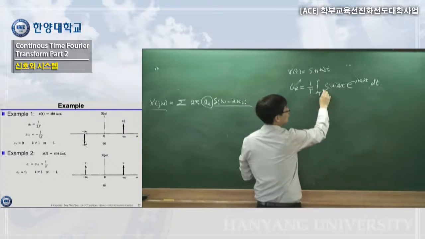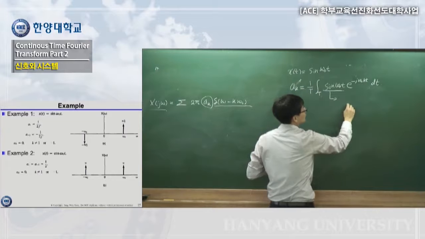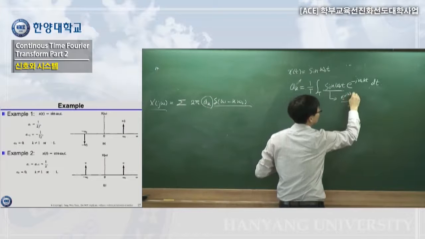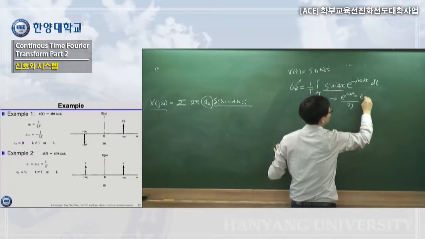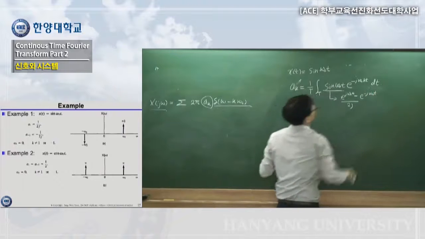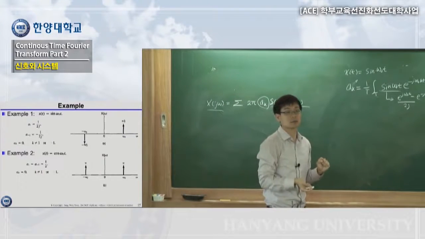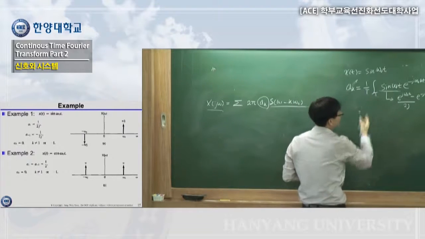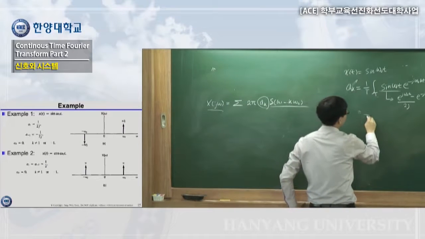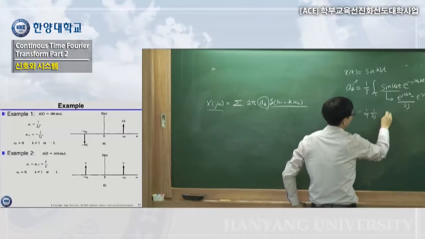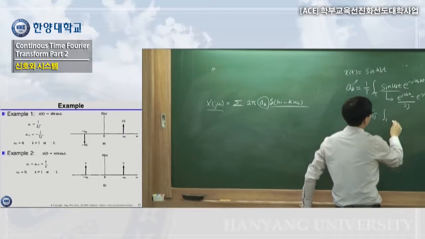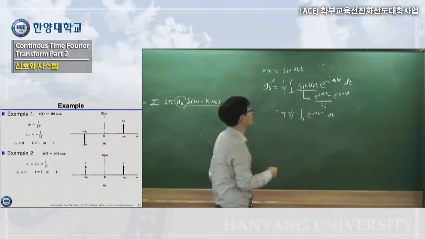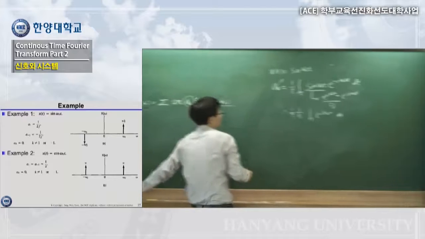How do we do it? We change this one to 2j over exponential j omega 0 t minus e to the minus j omega 0 t, right? Everyone following? And then over a period, we have 1 over T times 1 over 2j times the integral over a period of e to the j omega 0 t dt. I'm missing k, I'm sorry. It's k.